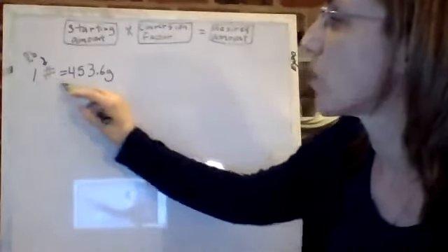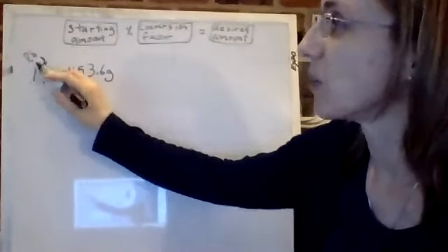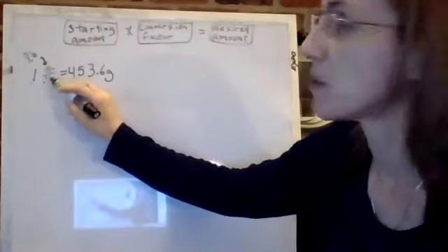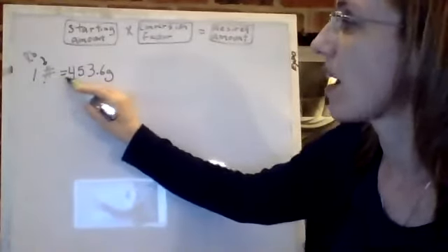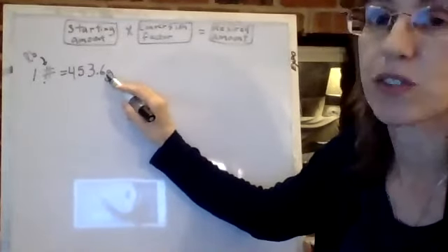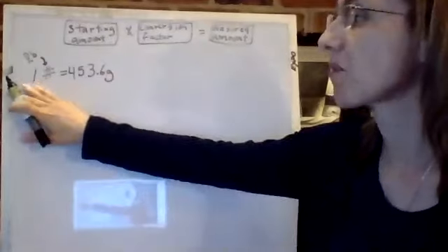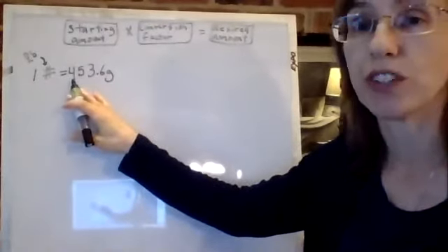So here's an equality. It changes pounds, which are labeled as LB, or this number sign, that's a sign for pounds. And we know that 1 pound has 453.6 grams in it. So from this equality, we said we could make 2 conversion factors.